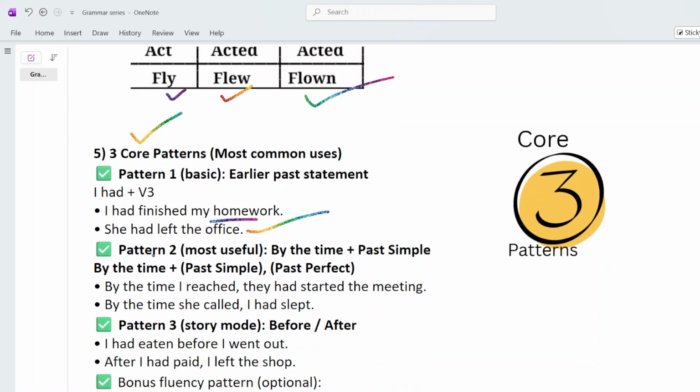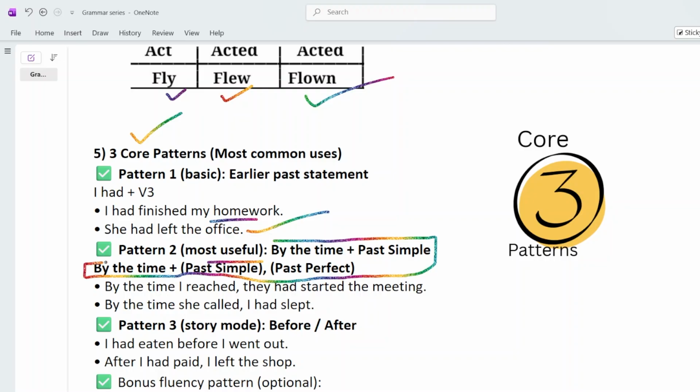However, pattern 2 is the most useful one because it gives you a sense of using time when articulating sentences in this past perfect tense. By time plus past simple, and by time plus, just don't go on this. It's an error here.